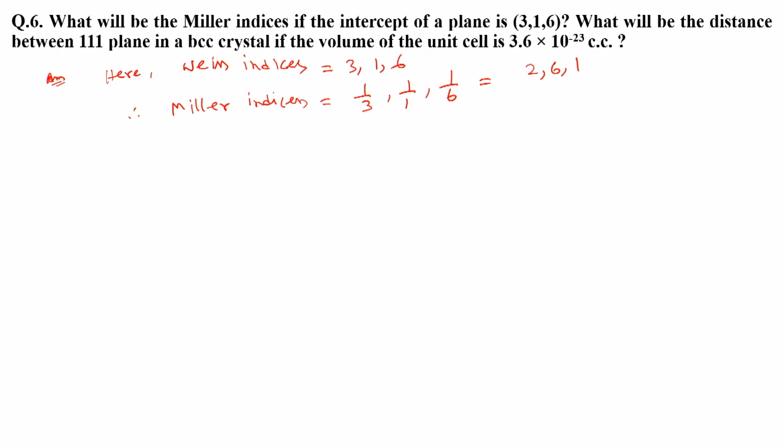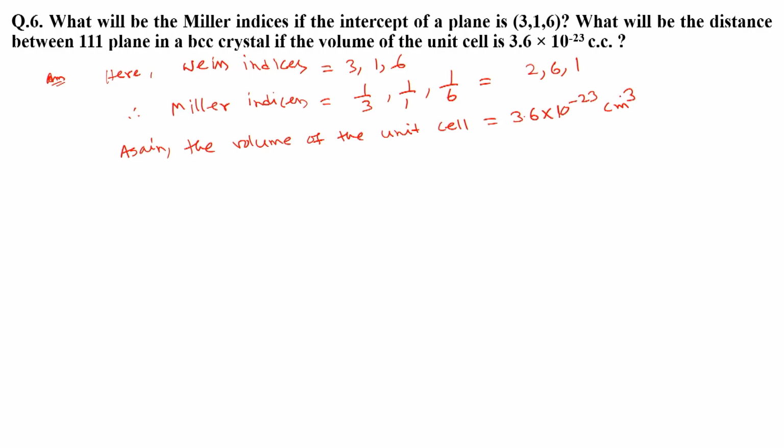The first part is done. Now the volume of the unit cell is given as 3.6 times 10 raised to the minus 23 centimeter cube.